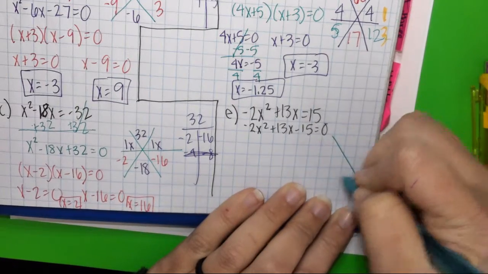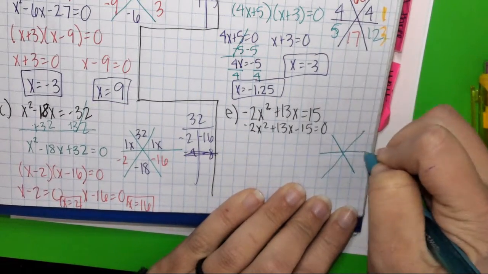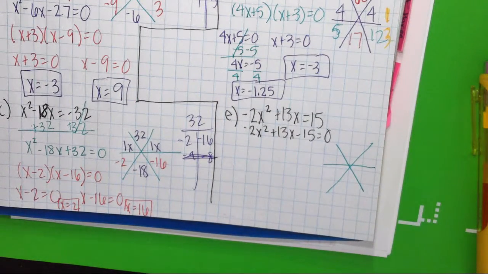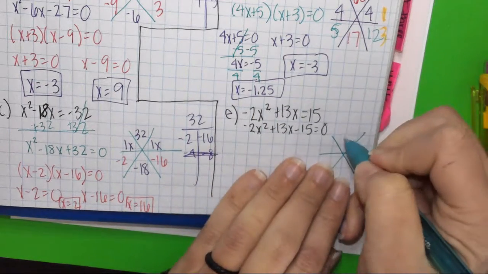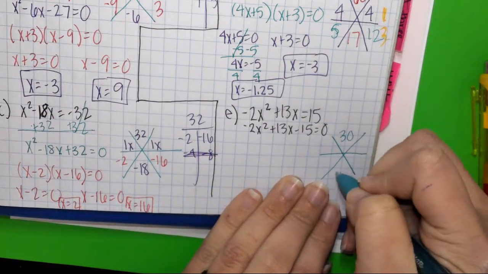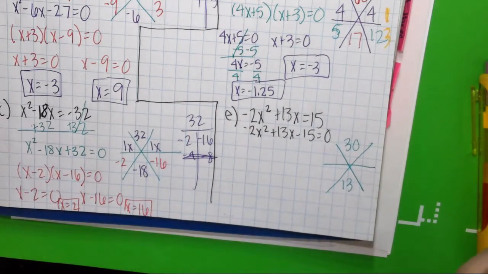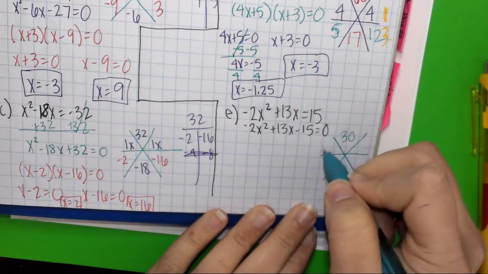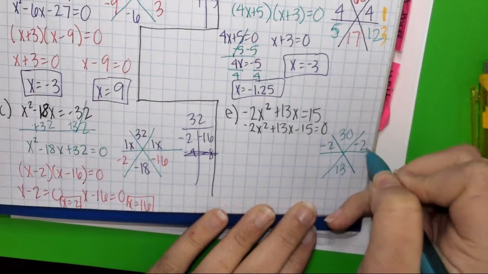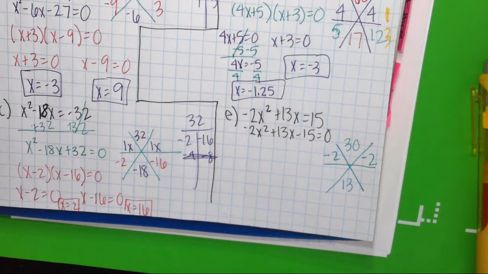It's going to be 30. ¿Por qué 30? Porque negativo 2 por negativo 15 igual a 30. See? What goes in the top left and right? Negativo 2. Negativo 2. 18 and 3.